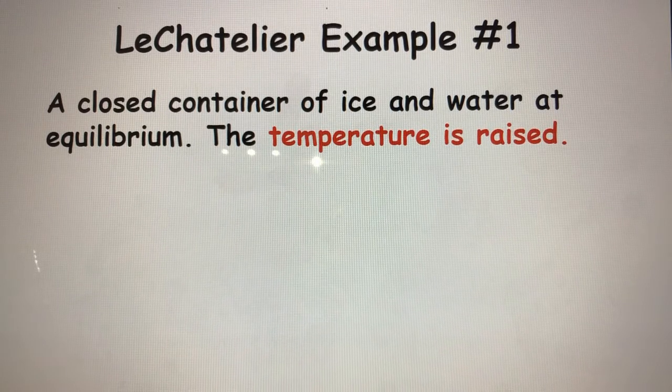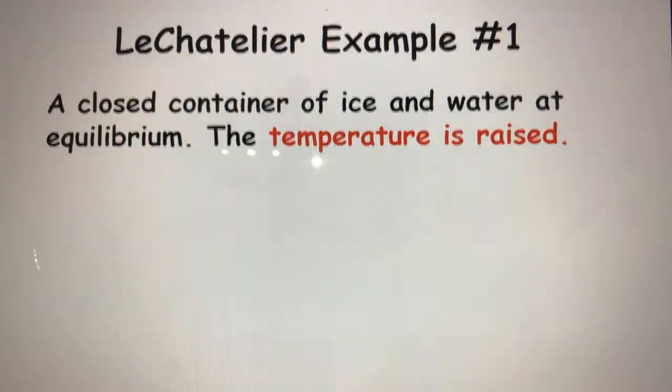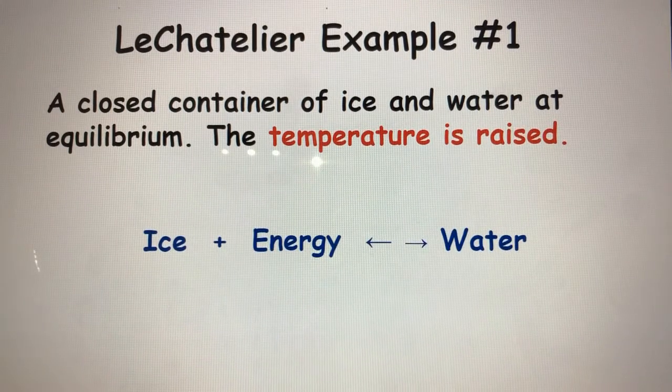Okay, so the first example here says a closed container of ice and water are at equilibrium and the temperature is raised. So you have ice plus energy. And again, this is another way to represent the arrows.